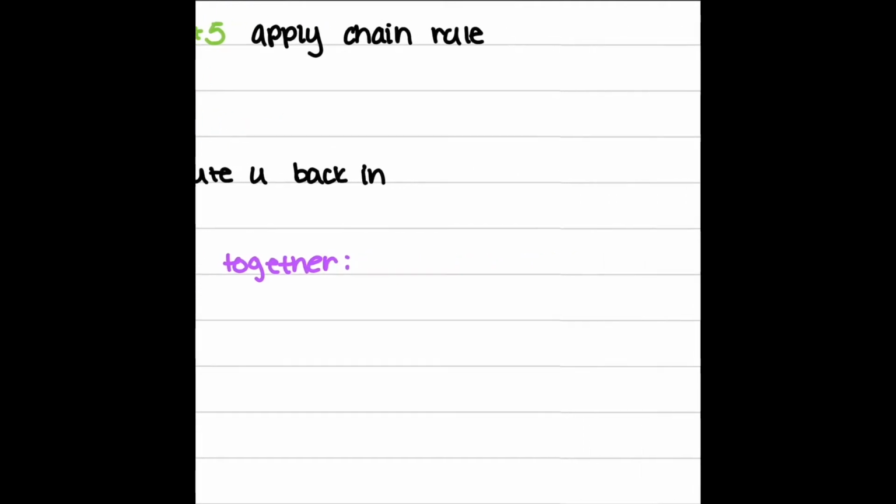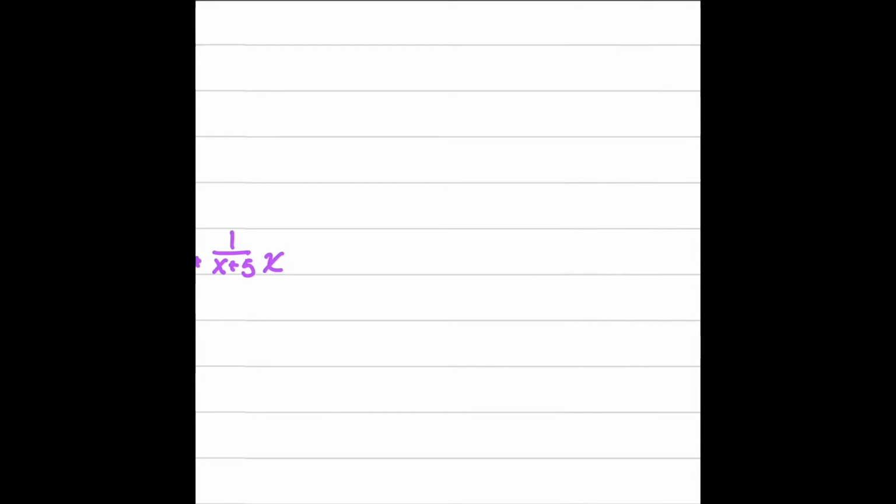And then that's just going to be 1 times the natural log of x plus 5 plus 1 over x plus 5 times x, which in simplified version is going to be natural log of x plus 5 plus x over x plus 5.